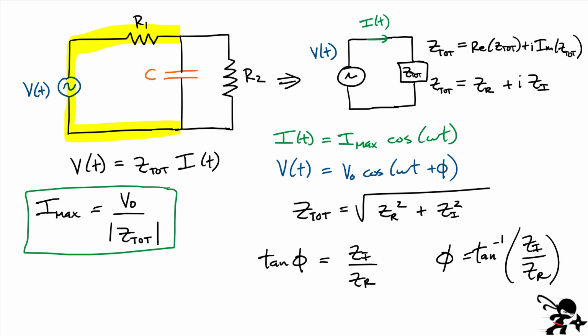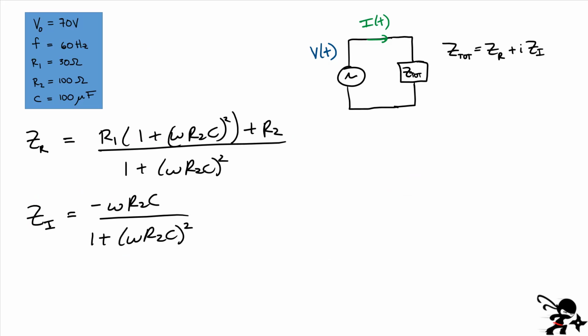Now let's go back and substitute in our values and see what we get for I max and for this phase angle. We also need to do a little more work, because I'm really interested in the current in this other branch, and also the voltage across all of these other elements. So we substitute in some of our values.